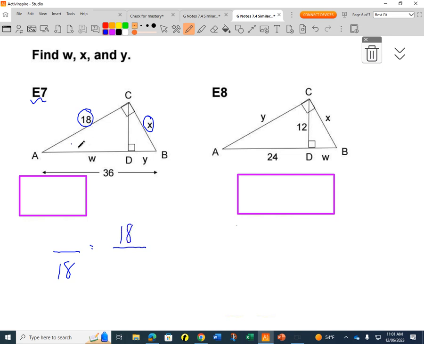Now this is one that we use the entire length of the hypotenuse and the side it touches, right? So it touches this part of the hypotenuse that is w, and then we use that w plus y, which in this case they give us is 36. Does that make sense?